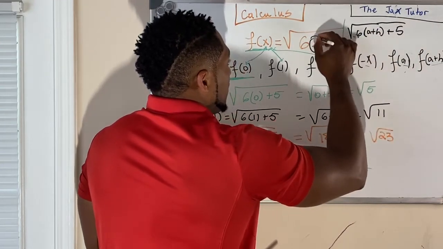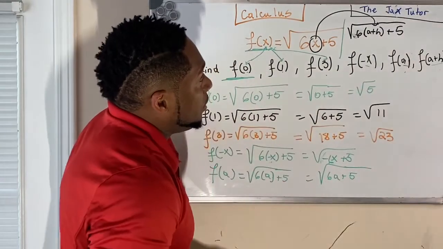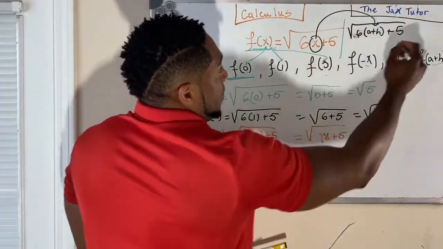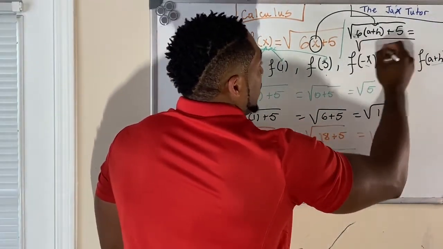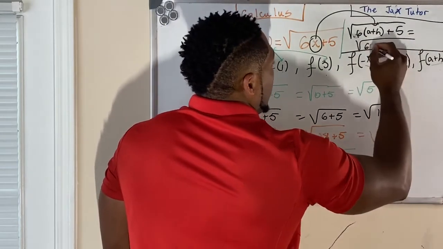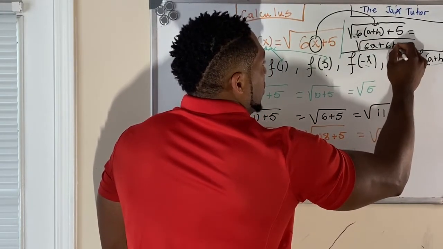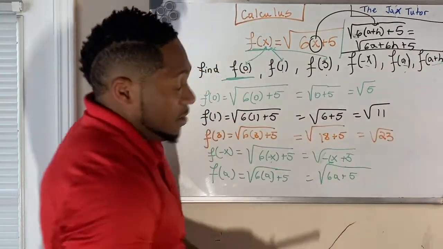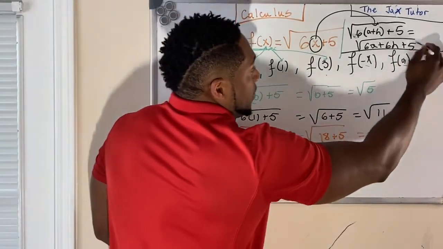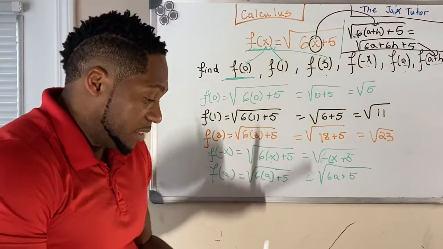We replace the x by a plus h. So that would equal the square root of 6a plus 6h plus 5. And that's equivalent to f of a plus h.